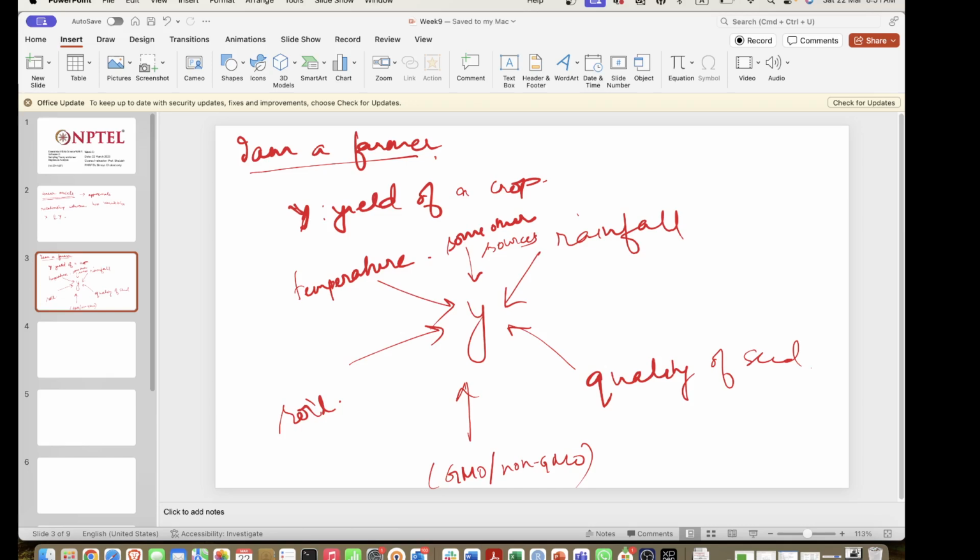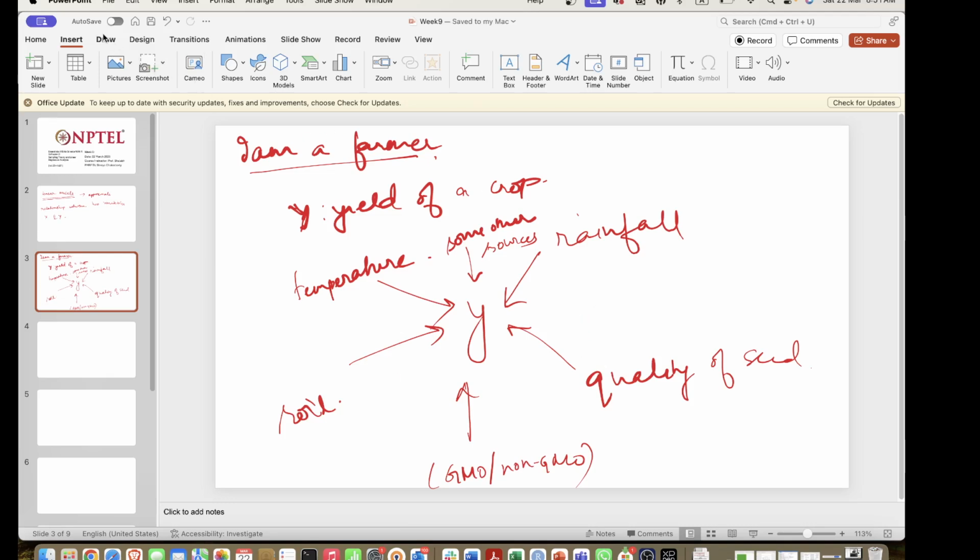So if I want to model the relationship between all these factors and my study variable of interest, I can go ahead and use a linear model. My goal is to find whether they are affecting it, and if they are affecting it, how they are affecting it.